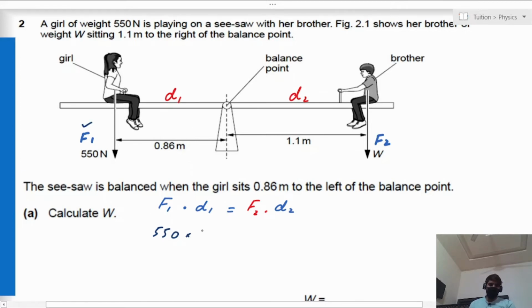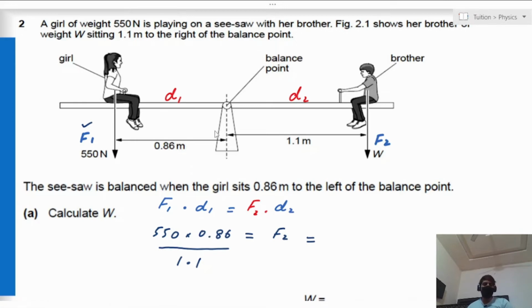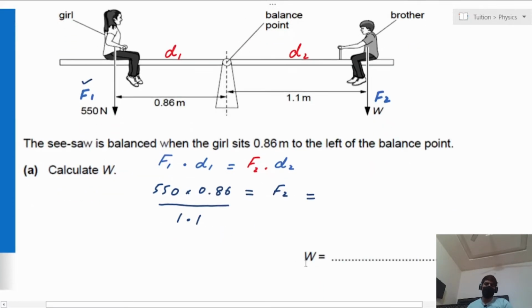D1 is 0.86 equals F2, and the D2 we shift on the other side, it would be in the denominator, and that value, if you hit it on the calculator, it would come out to be 430 Newton.